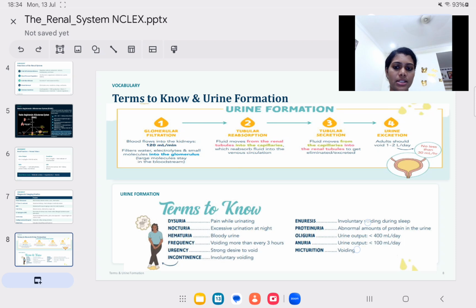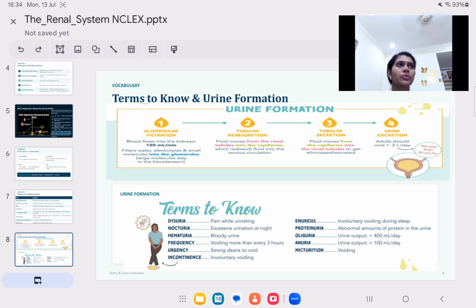And now some terms related to the renal system. We all know that dysuria means painful urination, and nocturia means excessive urination at night, where the frequency of urination will be increased at night.